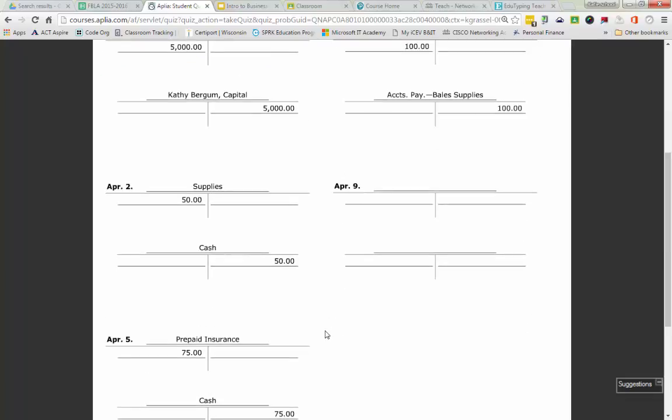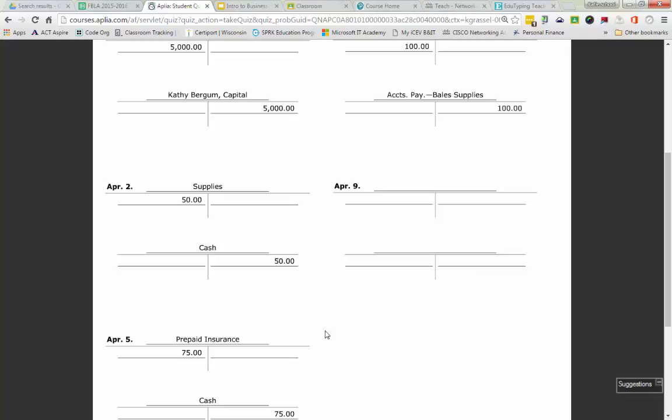Last one on our work together. Paid cash on account to Bale Supply. So, if I pay cash on account to Bale Supply, Seth, what are my 2 accounts? Accounts payable, Bale Supply, and cash.